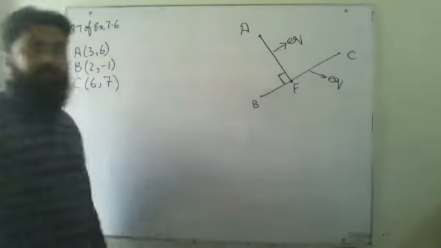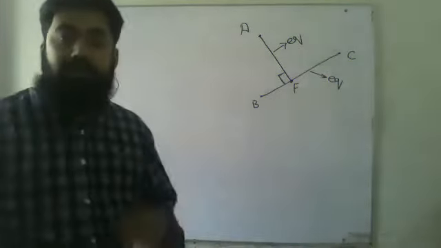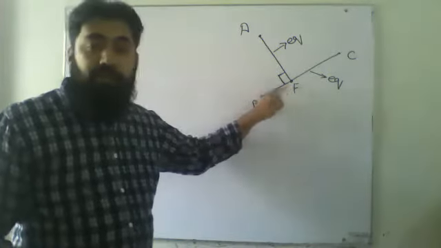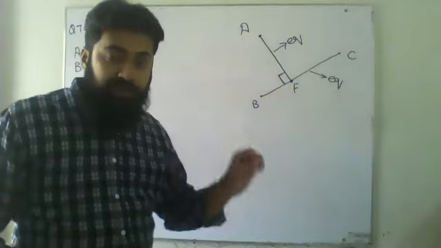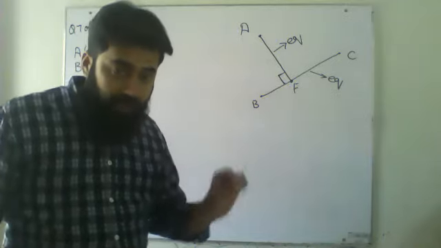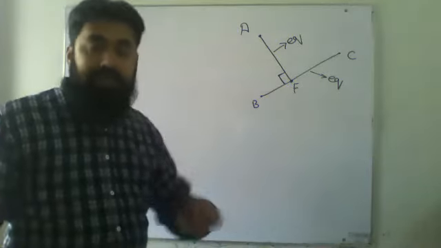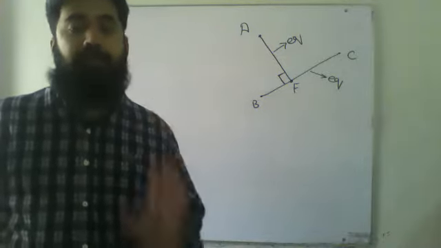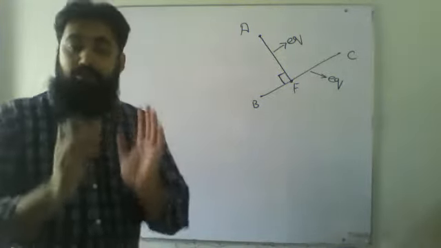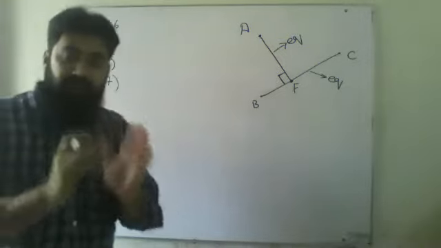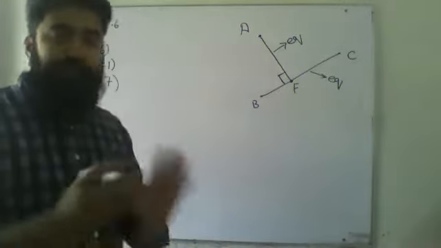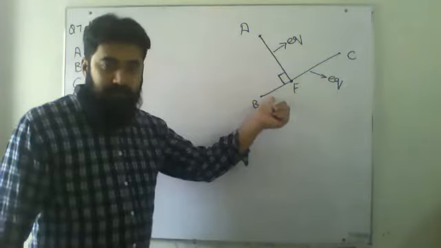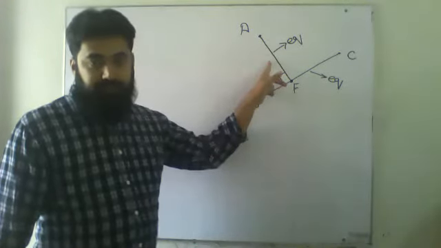After that, I will solve both equations simultaneously to get this coordinate, which is the point of intersection of two perpendicular lines. In this case, they are calling it foot of perpendicular. Whatever we have done in question number 5, I am going to repeat the same thing over here. What I need is the equation of this line and the equation of this line.